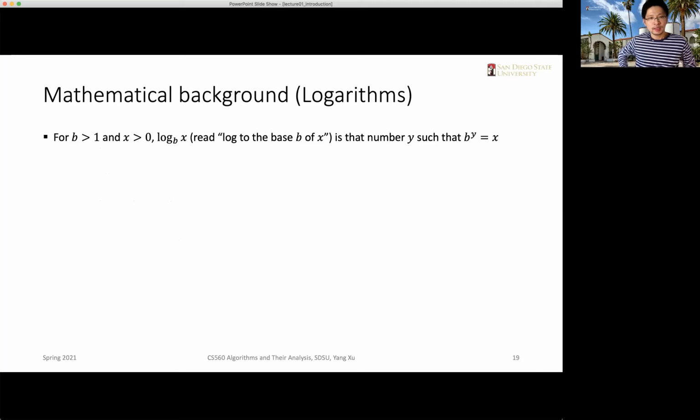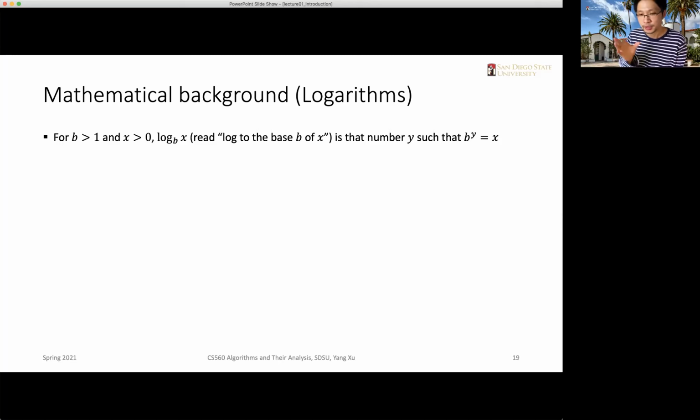Compared with the previous slides, this slide is more important, because when we describe the running time of algorithms, we basically use mathematical functions to describe the running time. And we know that functions change with input. They can grow with input or decrease with input.